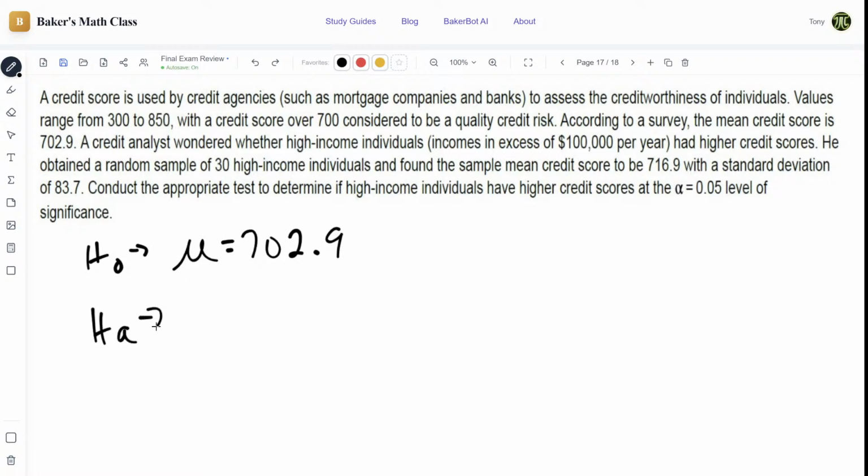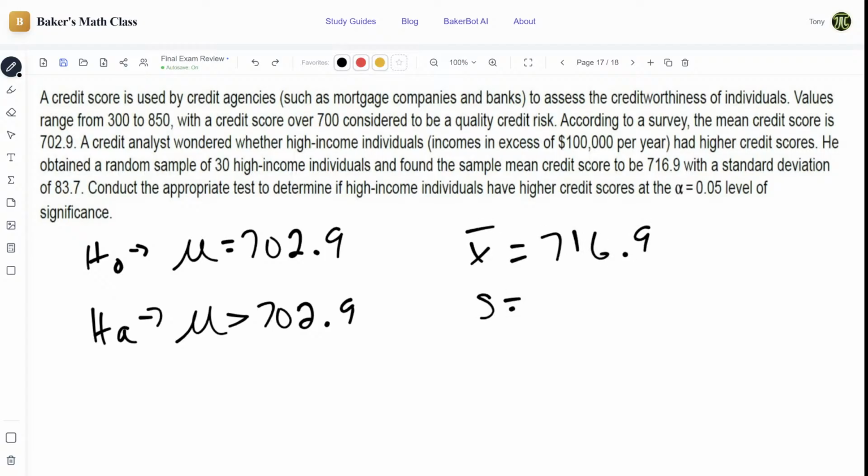Alternate hypothesis? Nope, remember these two numbers have to be the same. It's greater than, that's the change. Okay. Now, my sample mean is 716.9, and my sample standard deviation is 83.7, and my alpha is 0.05.